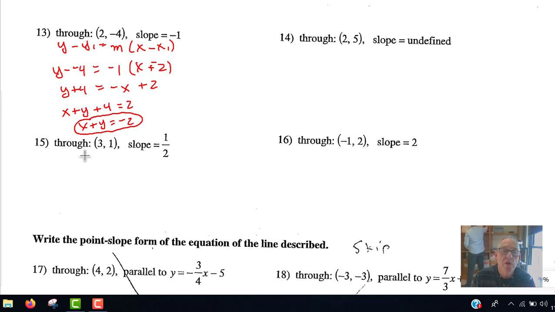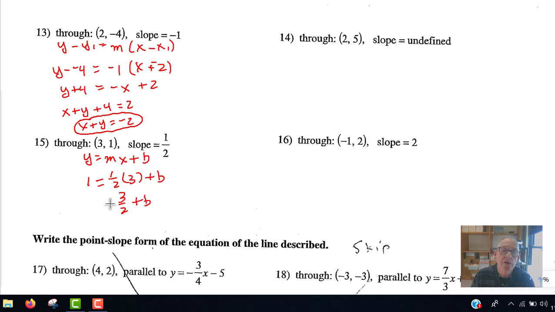I'm going to do this with y equals mx plus b. So they're telling me that the slope, or the m, is 1/2. The x point is a 3. I don't know what the b is, I have to solve for that. The y is a 1. So I have 1 is equal to 1/2 times 3 plus b. 1/2 times 3 is 3/2.